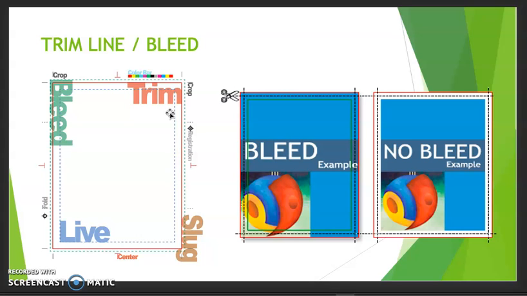Print content may or may not bleed. However, screen content will always bleed. So right here in this picture, you can see where the bleeding goes just past the trim line. We're showing it here, but here's a better example where you have no bleed on this picture and bleed on this picture where it goes all the way from edge to edge.